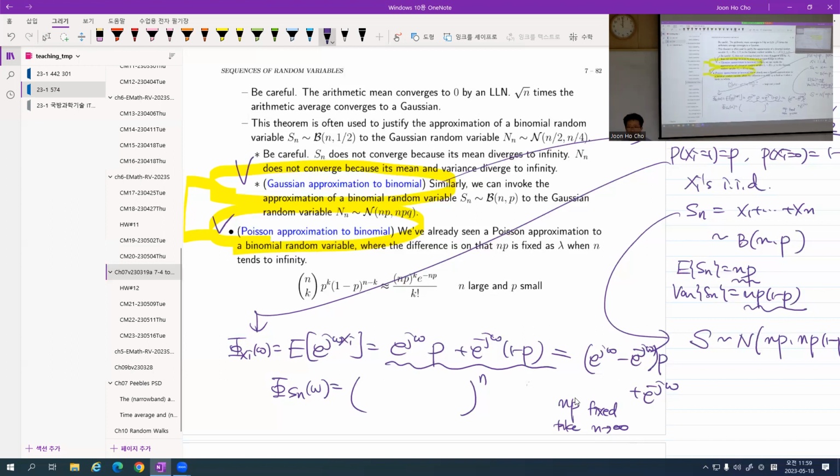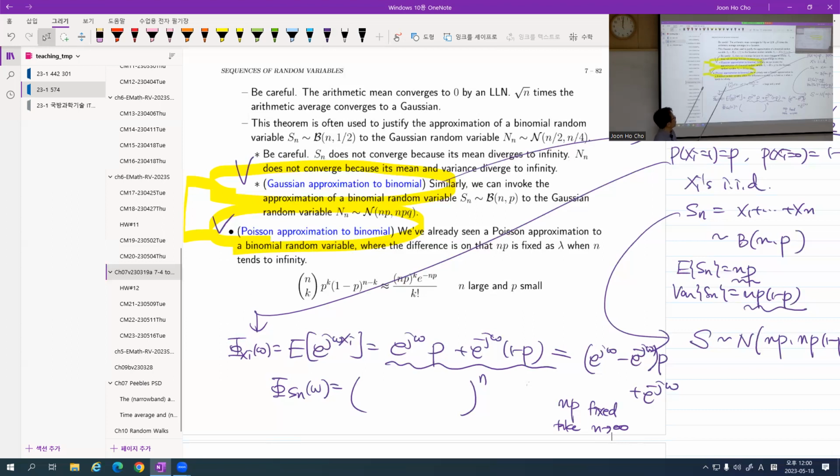I will put it in the homework so that you can get a feel for the proof of the Poisson approximation to binomial. By the way, you can easily find the proofs of these two on the web, so the homework may not be that difficult. But anyway, what is important is that for both the Gaussian approximation and the Poisson approximation to binomial, you show convergence in distribution.